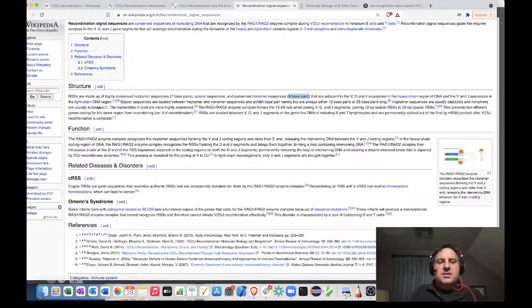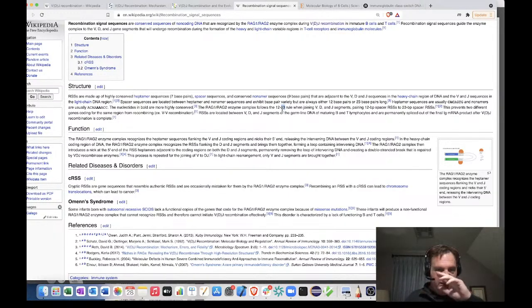Now the spacer is either 12 base pairs or 23 base pairs, and the reason for this difference is that when it's joining two segments, it should join a segment that has a 12 base pair spacer to a segment that has a 23 base pair spacer. That way it knows that it's joining the right thing to the right thing, because you don't want to join a V region to a V region, or a V region to a J region.